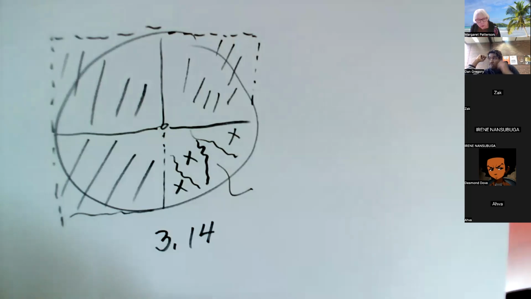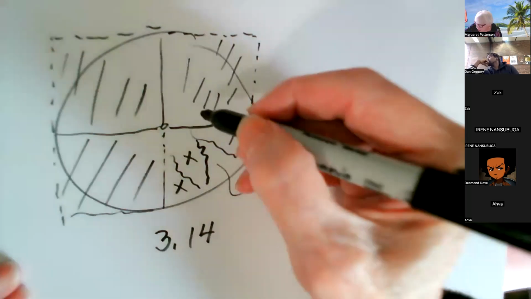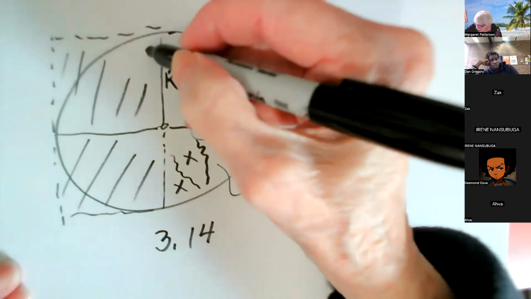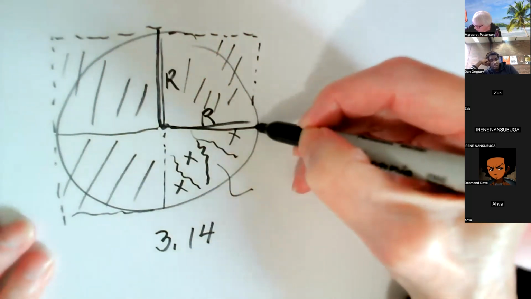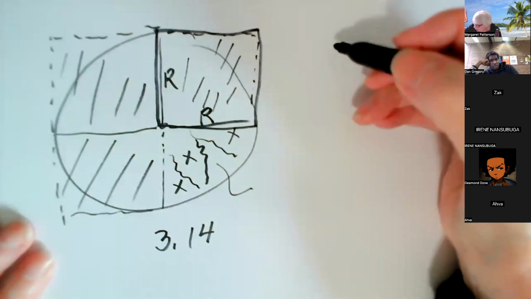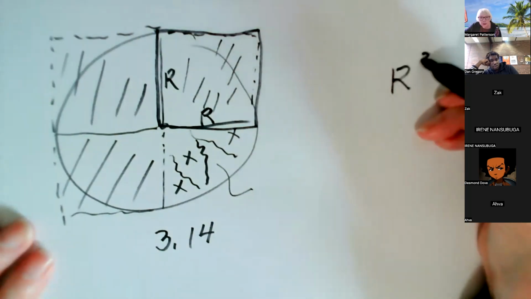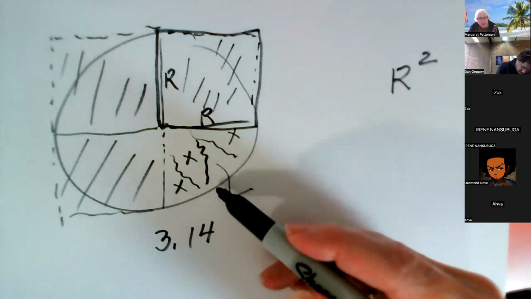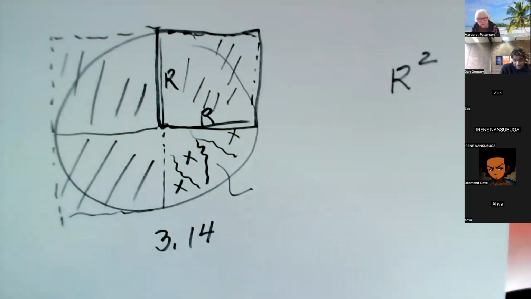I literally had 3 complete squares. Now this was a radius. And so if I look at just this, this is a square radius. And how many did I have if I use this as my place to fill in the corners?